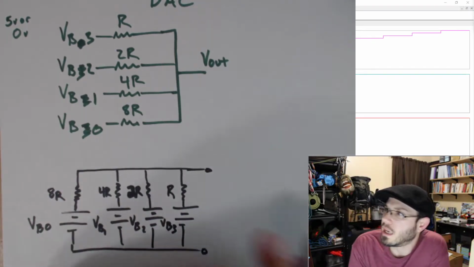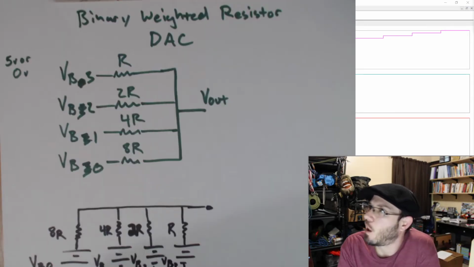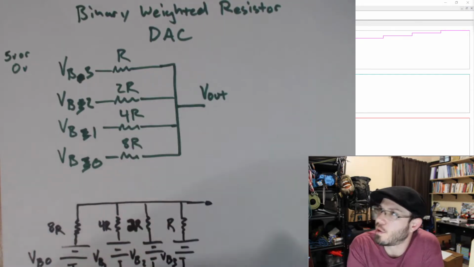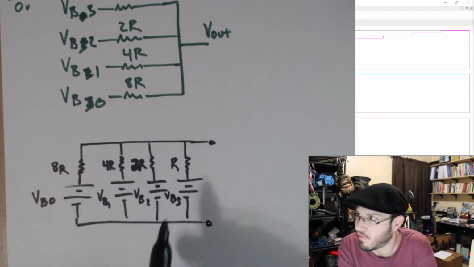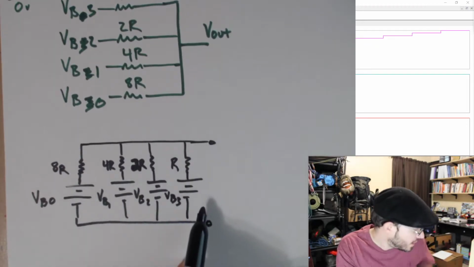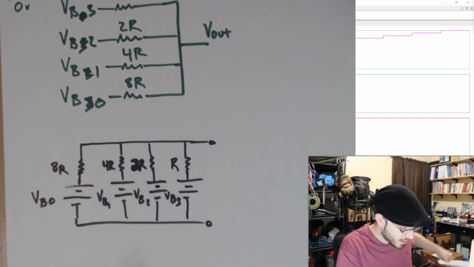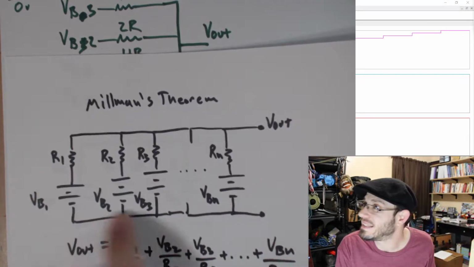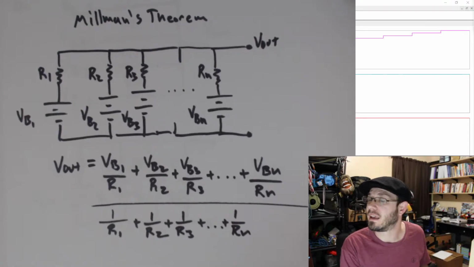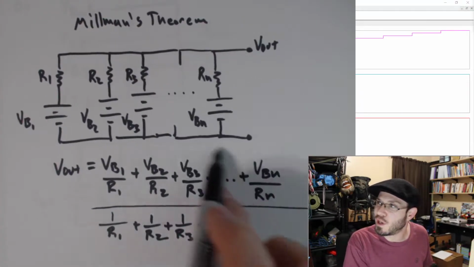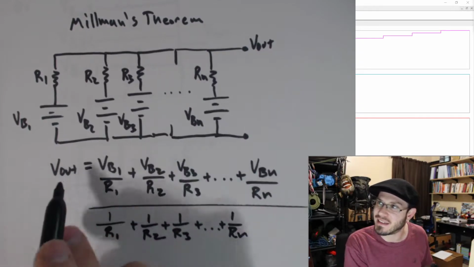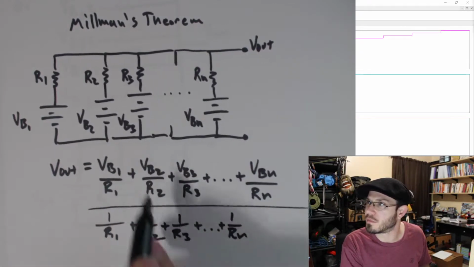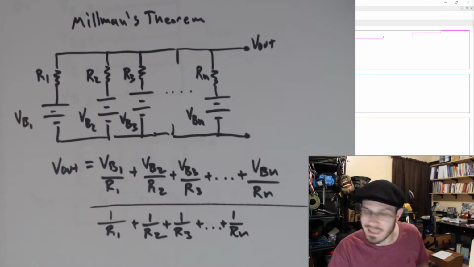So all I've done is taken how I previously wrote the binary weighted resistor DAC and turned it into something that very much looks like what you would get from Millman's theorem, right? It is essentially the same thing. And so now you can express your binary weighted resistor DAC as a V out in terms of the voltages and the resistances.